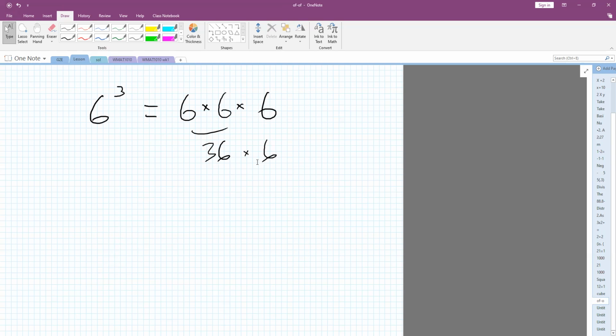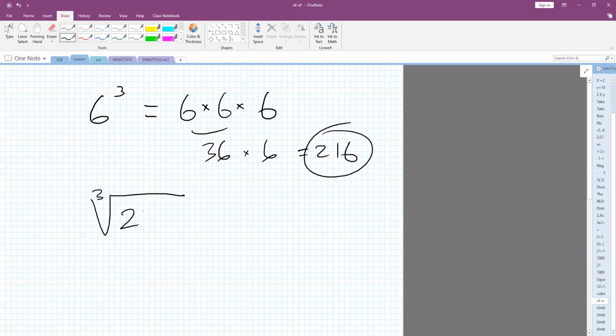Yes, that's very good, which gives you 216. So 6 cubed equals 216. What is the cube root of 216? 6. It's 6.